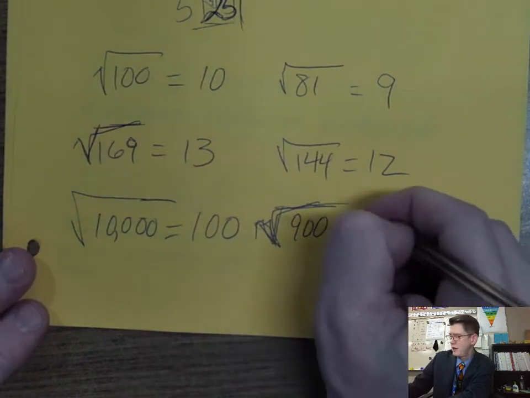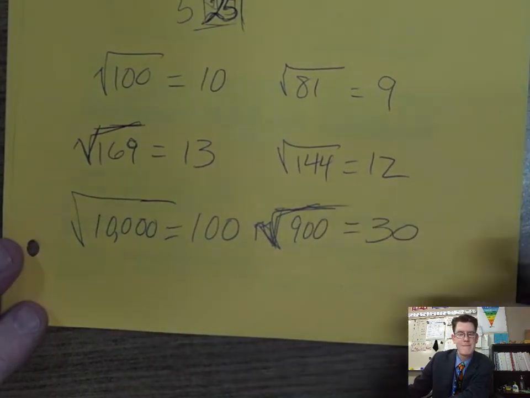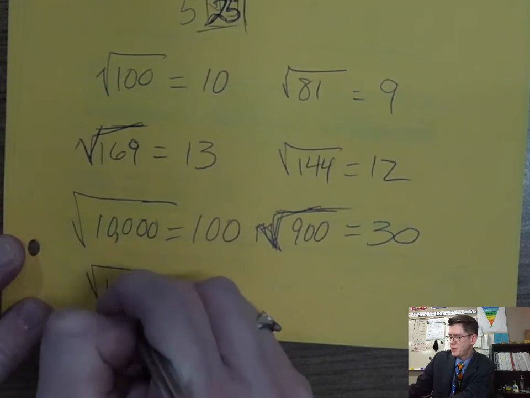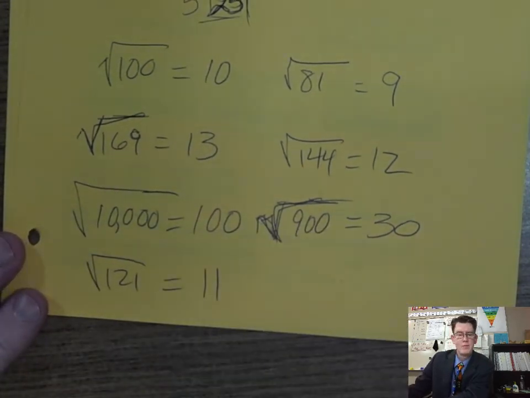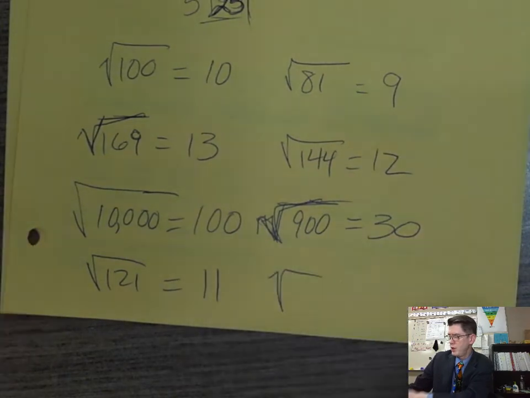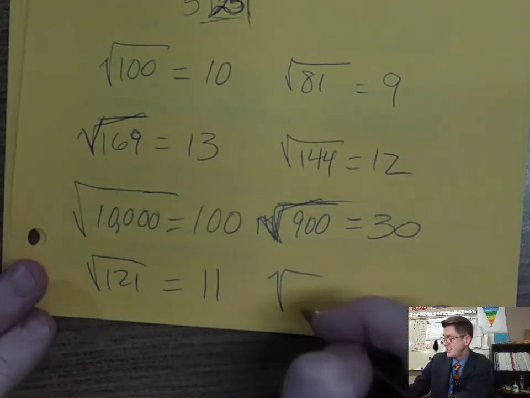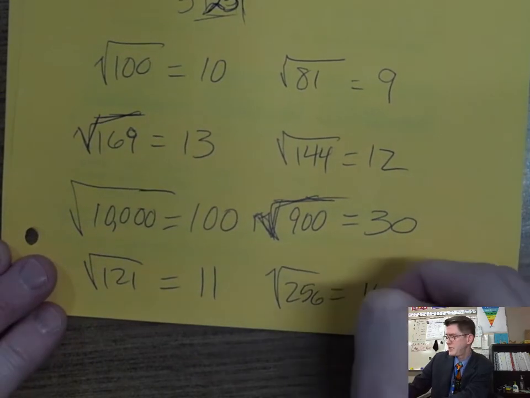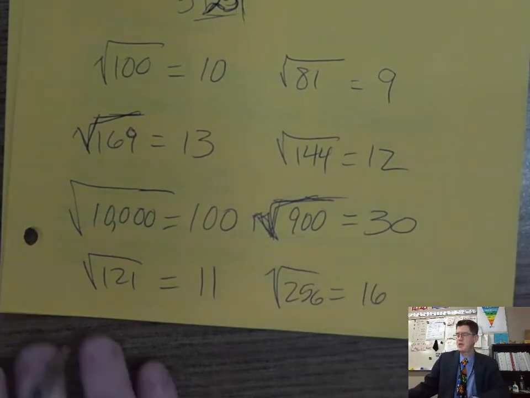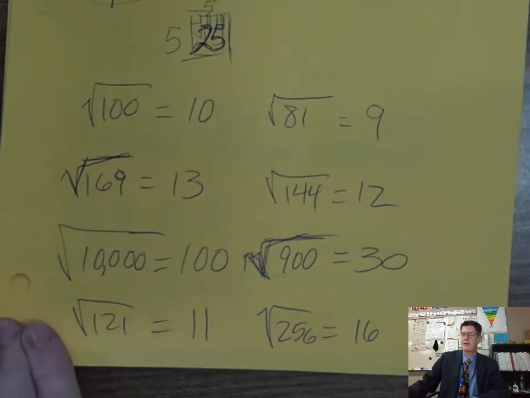You can do some trial and error, but I'll tell you it's 30. Just like the square root of 121 is 11. Or the square root of, let's say, 256 is 16. Some of these you'll memorize as you do math, especially as you get into 10th, 11th, and 12th grade. But it just means what number times itself gives you that number.